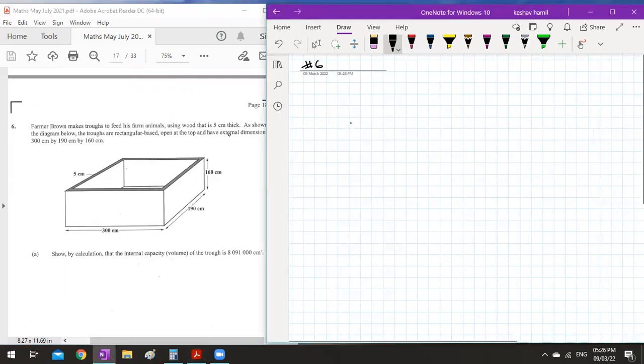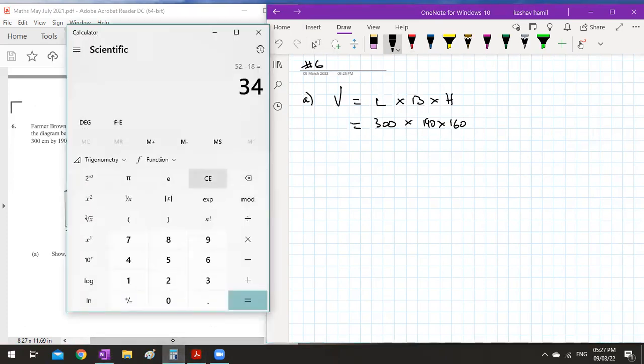Now, if we were to just multiply these three here, the volume is the length by the width by the height, which is 300 by 190 by 160, right? Now, this is not what they ask us to find.